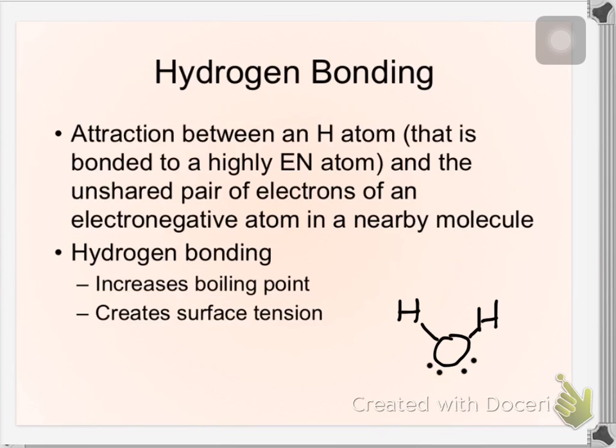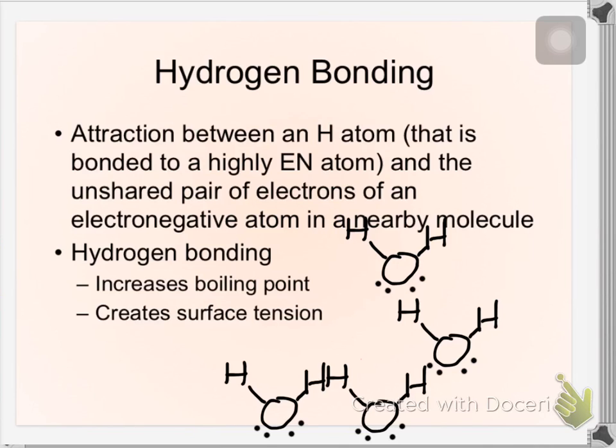Those unshared pairs are very attractive to the hydrogens. So water actually lines up with all of those little unshared pairs and all those little hydrogens. And this is not so transient. They actually line up this way in a glass of water.